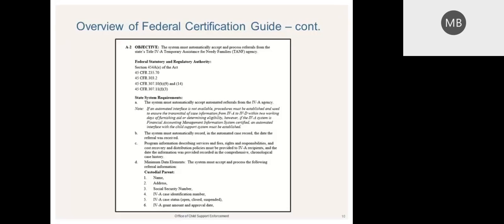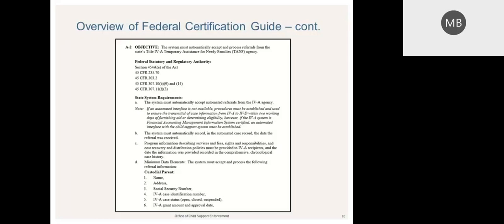A. The system must automatically accept automated referrals from the 4A agency. I'm going to skip the note. I'll jump right into B. Requirement B, the system must automatically record in the automated case record the date the referral is received.